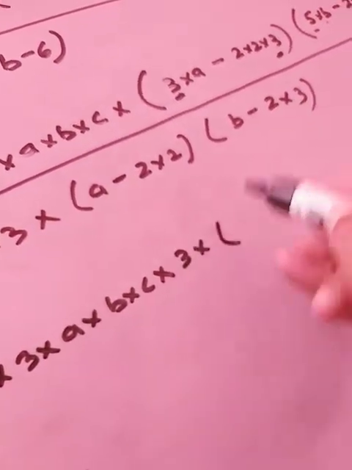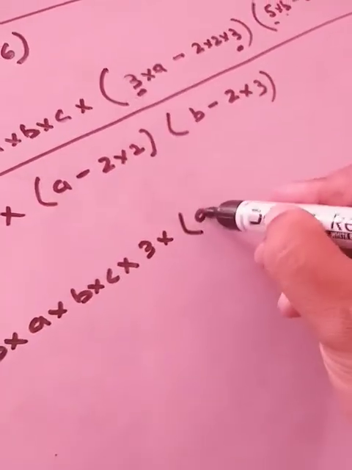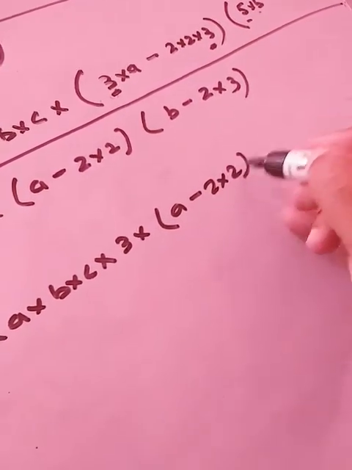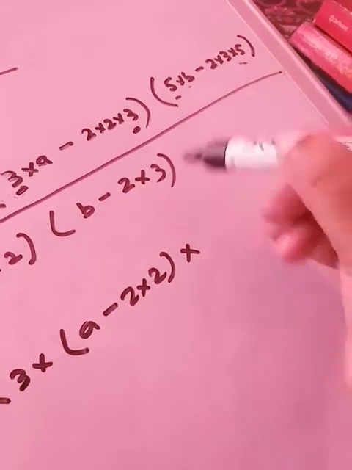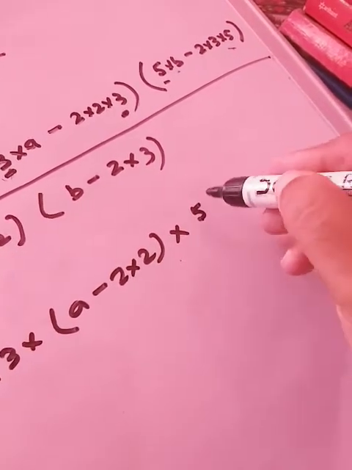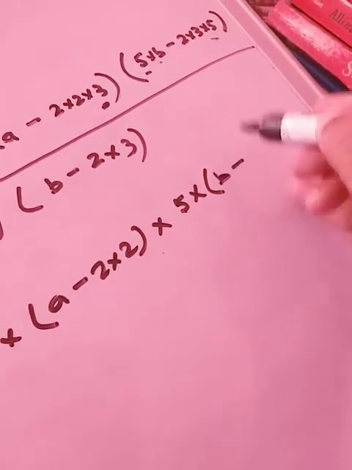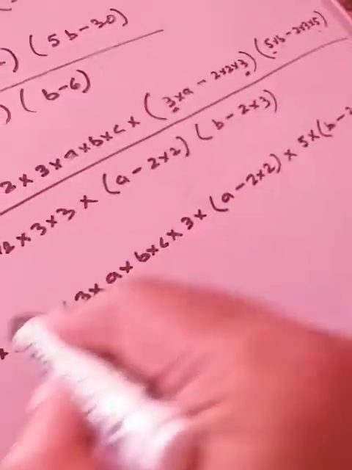If we take 3 from here, A will remain. And if I remove 3 from here, 2 into 2 will remain. Now what common thing will we take from these two terms? 5. If we remove 5 from here, B will remain inside, and if we take 5 from here, only 2 into 3 will remain.